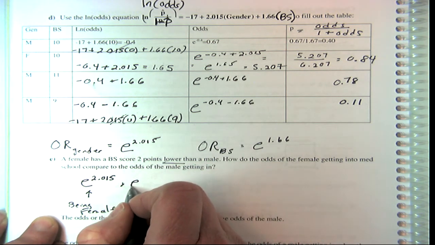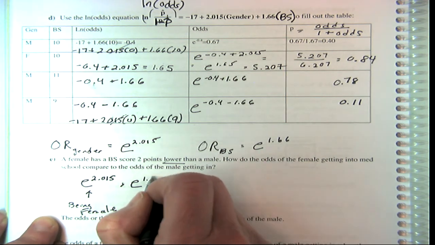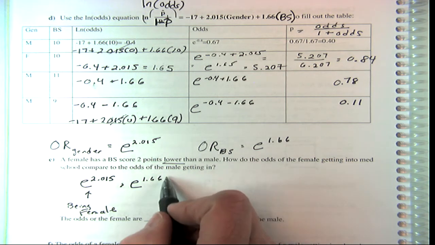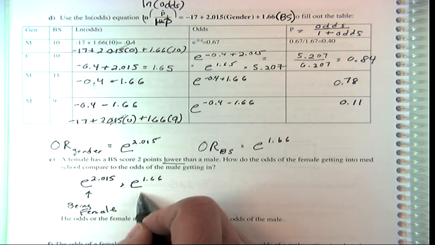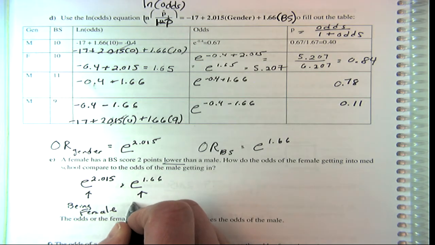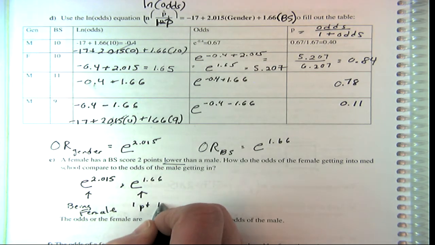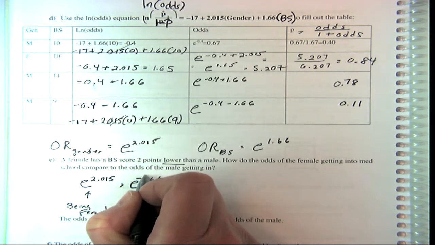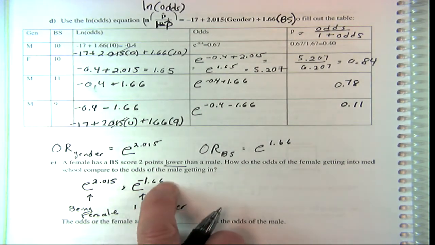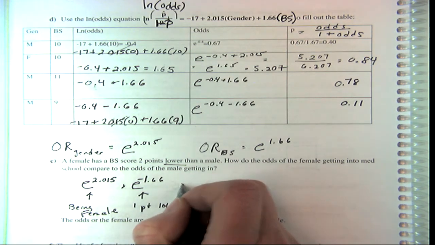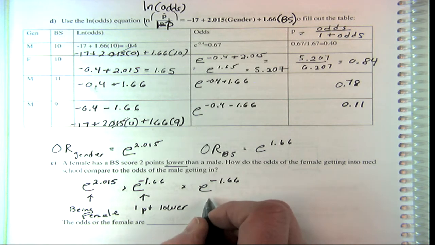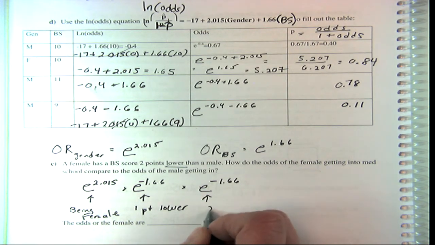She'll have a disadvantage of 1.66 for each point lower. So we can multiply that times 2 here, or if you want me to go step by step, this would be 1 point lower. You divide by 1.66, she goes down a point, times another one, negative 1.66. So that's another point lower. That's the second point.